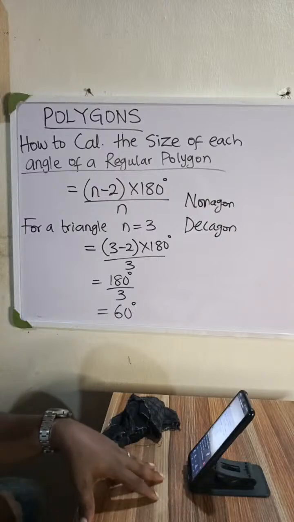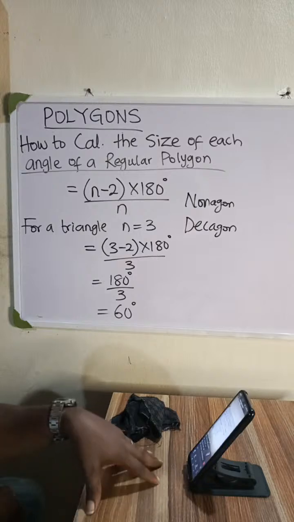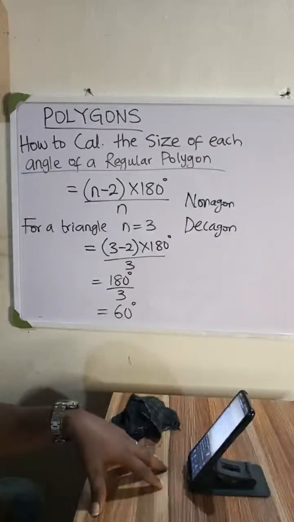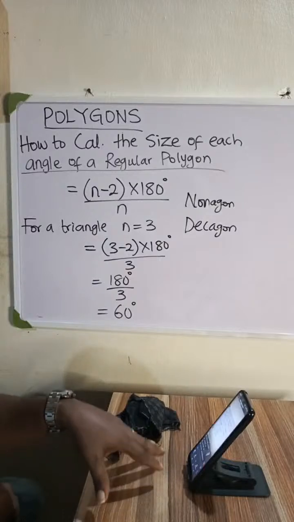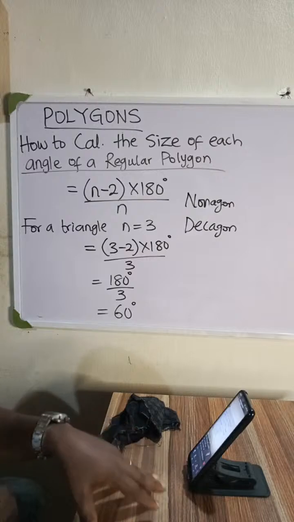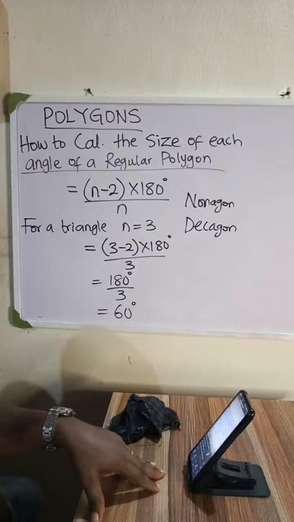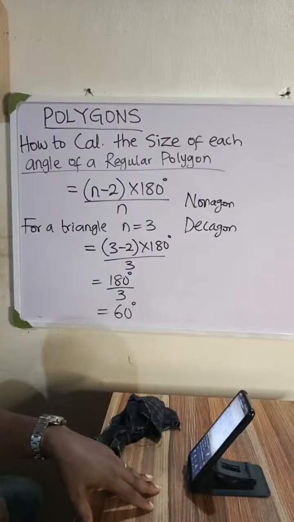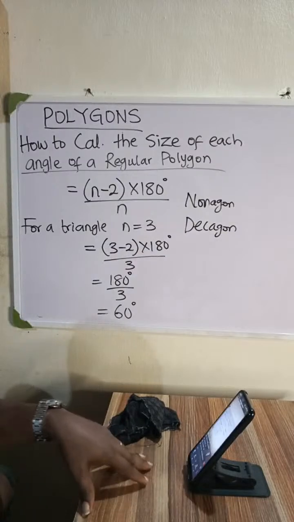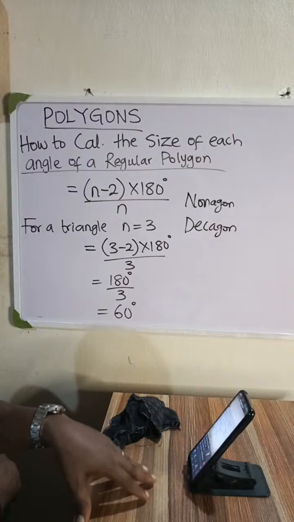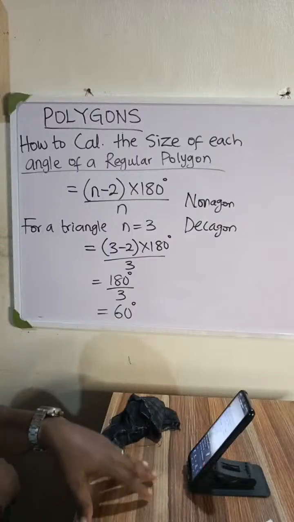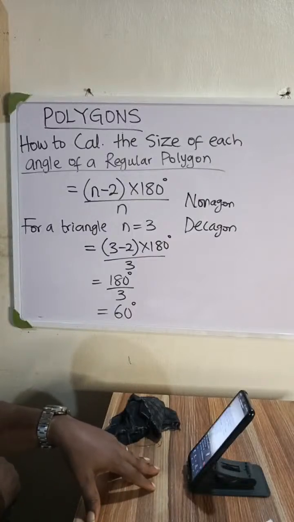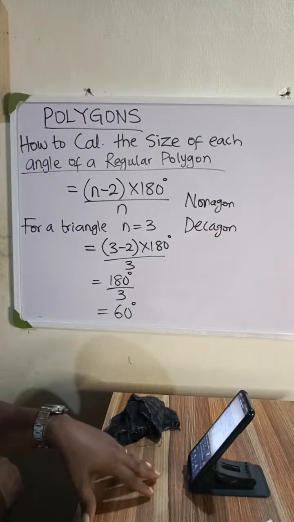But for an irregular polygon, the sides are not the same, the angles are not the same. But we can calculate the size of a missing angle of an irregular polygon. So that's what we're going to do next. Remember, an irregular polygon does not have an equal number of sides and equal number of angles.